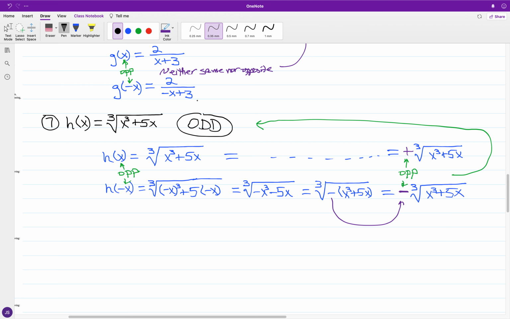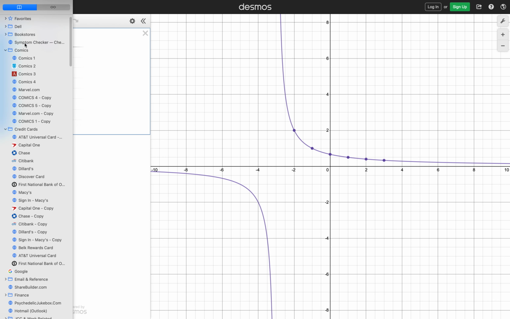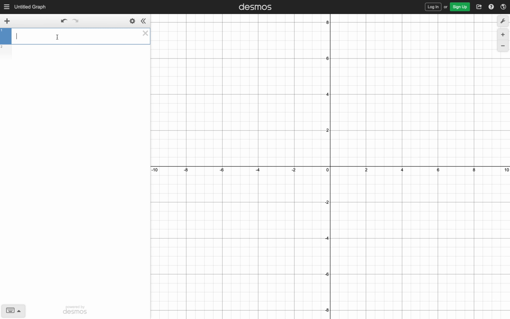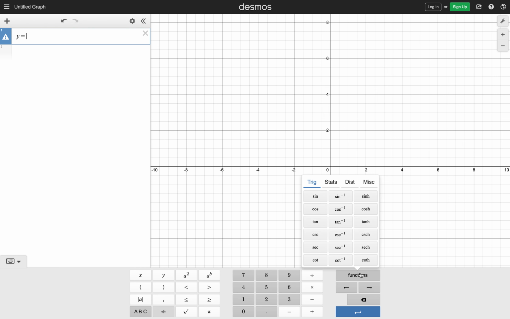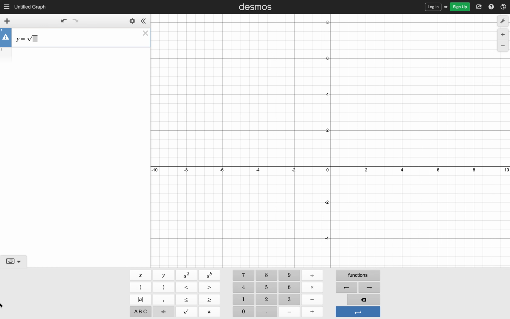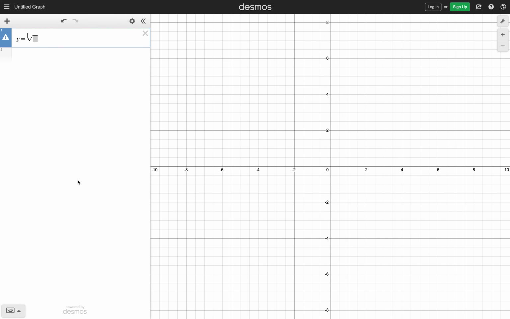All right, and once again, let me see if I can get this on display here. So you have y is equal to the cubic root of x to the third plus 5x.